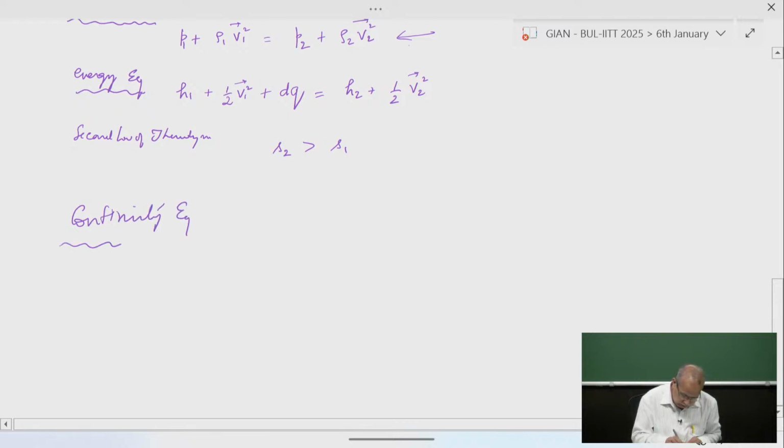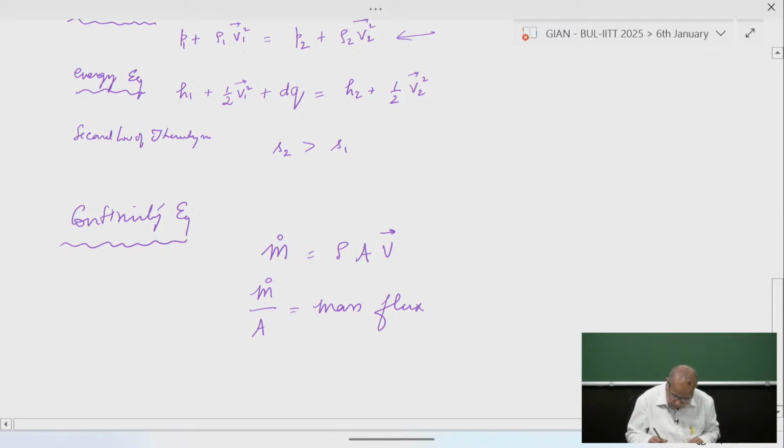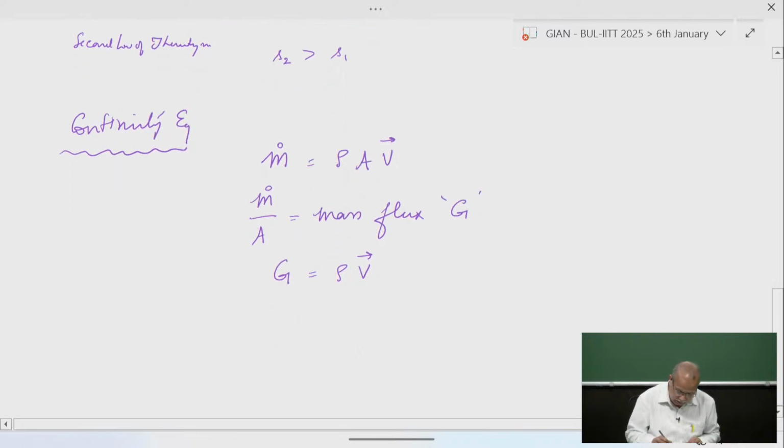Continuity equation. Mass flow rate is equal to rho A V, and this mass flow rate per unit area is the mass flux, and I am denoting it with the term G. So mass flux G is equal to rho v, and from this I can write the velocity vector is equal to mass flux by rho.